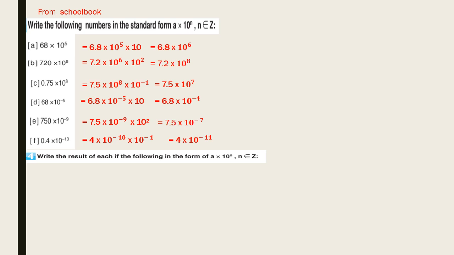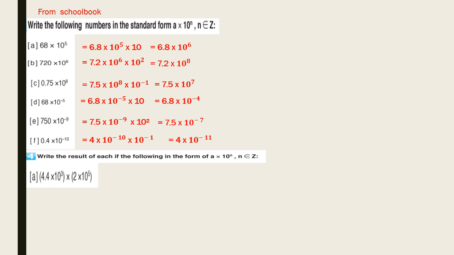Another example from your school book. Write the result of each of the following in the form of a times 10 to the power n, where n is any integer. If we have 4.4 times 10 to the power 3 times 2 times 10 to the power 5, here in multiplying, we can use the commutative property.